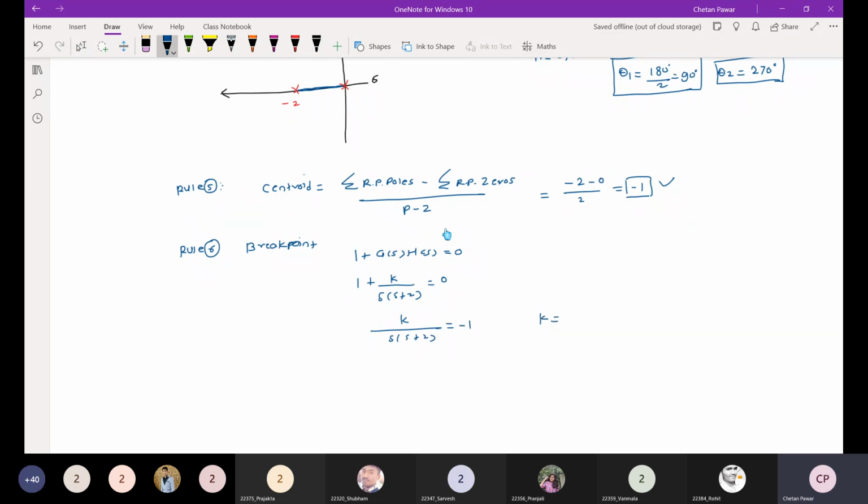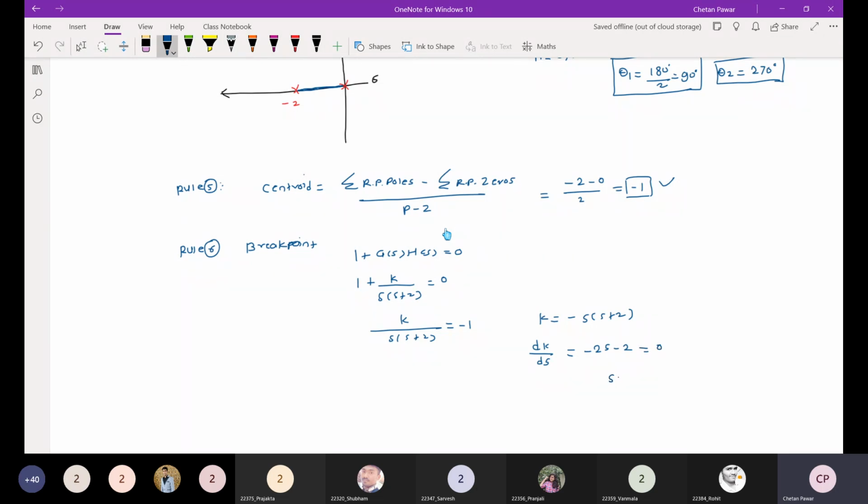So k will be minus s into s plus 2. So you just need to take a differentiation of k with respect to s. So that will be s square minus 2s is equal to 0.